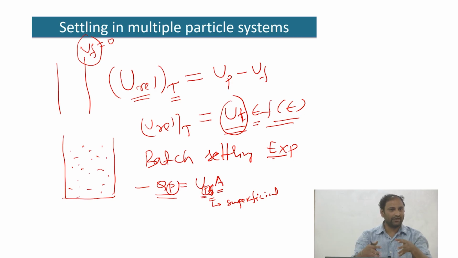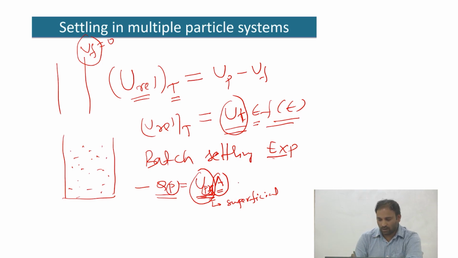If you have a cylindrical container, your cross-sectional area is going to be the circle area. If you define the velocity associated with the particles by considering A, the entire cross-sectional area of the container, then this velocity is what is called a superficial particle velocity.